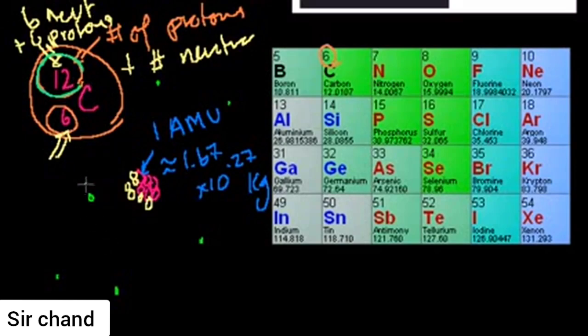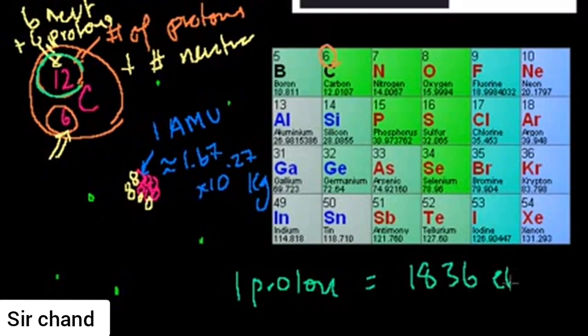That's because the mass of 1 proton is equal to 1,836 electrons. So for all basic purposes, you can ignore the mass of an electron. It's really the mass of the nucleus that counts as the mass of the atom.